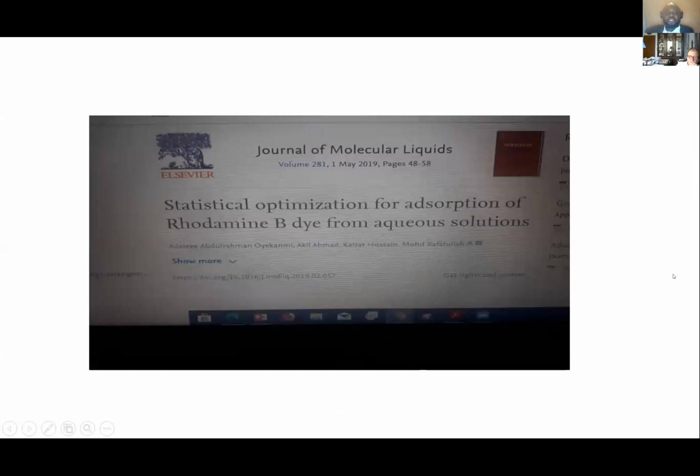So these are some of the publications that are related to the present work.